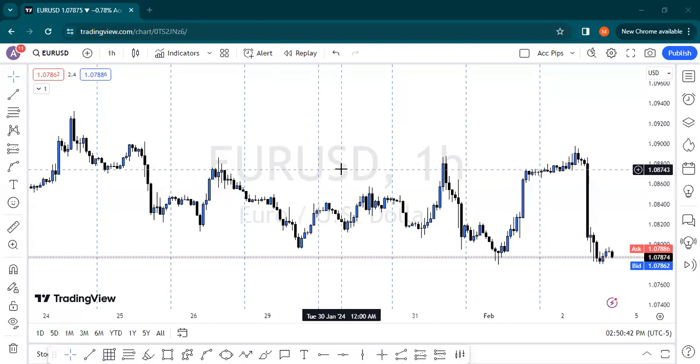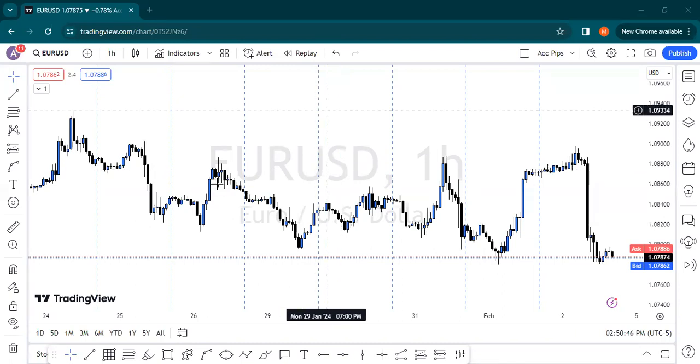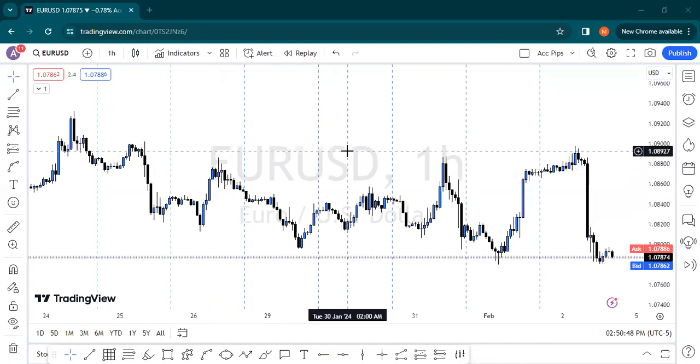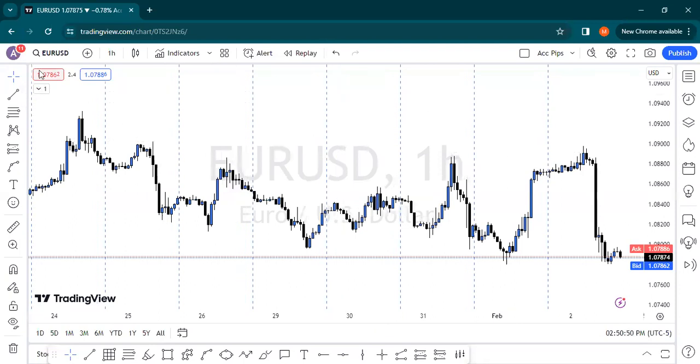In today's overview, we'll be looking at Euro USD, and I'll be very fast with it so that we can all revert back to our activities and also our charts to see what is happening on the various pairs. But then we want to see what is happening on Euro USD.